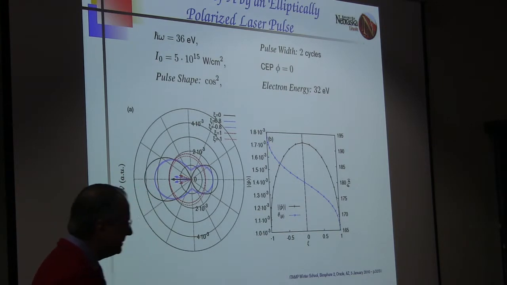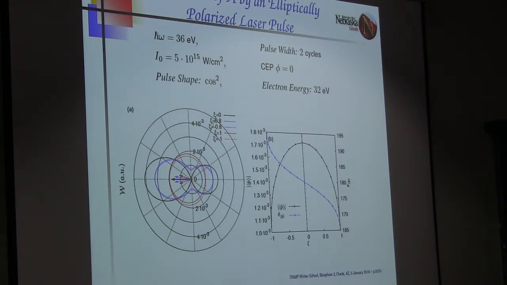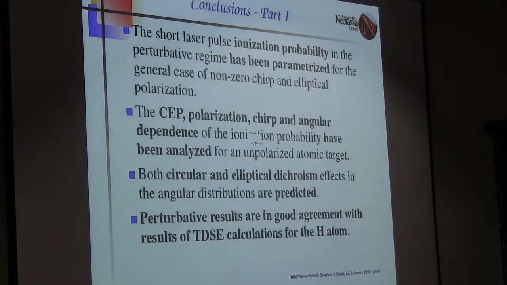And so if you have a pulse that you don't know its polarization, if you measure this weighted momentum distribution, the phase that you obtain will tell you the ellipticity of your pulse because of this monotonic relationship between ellipticity and the angular distribution.